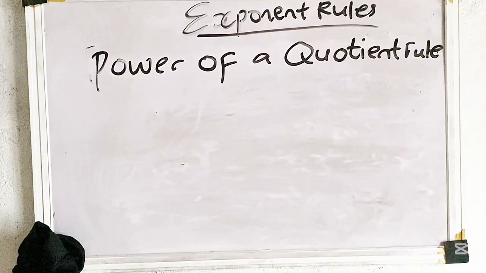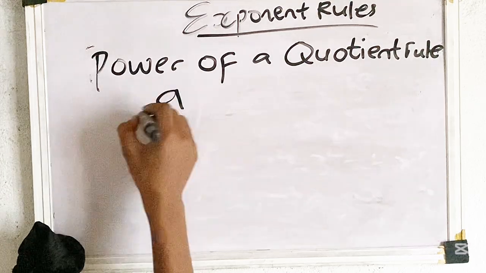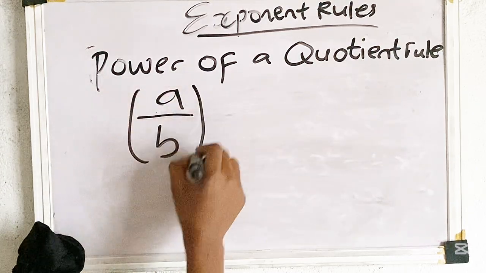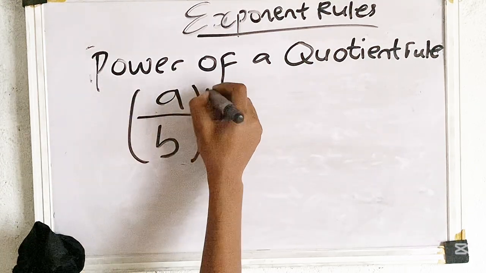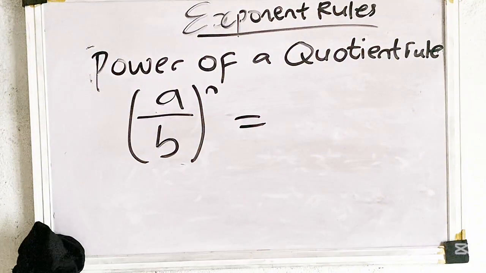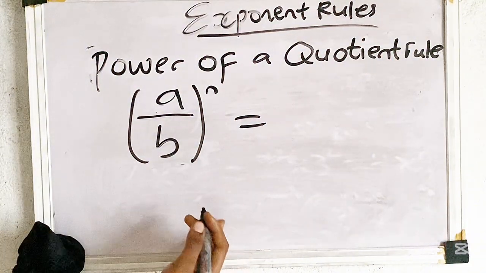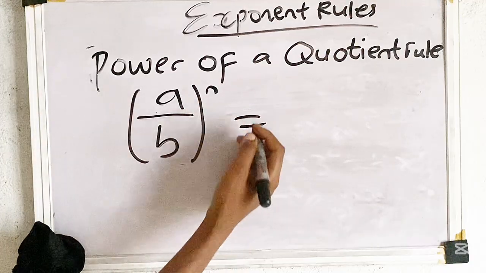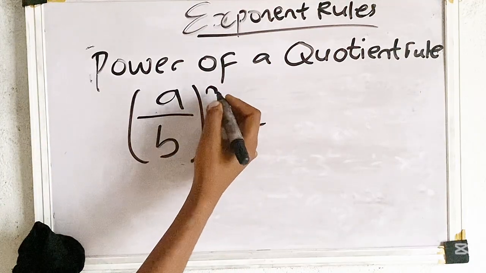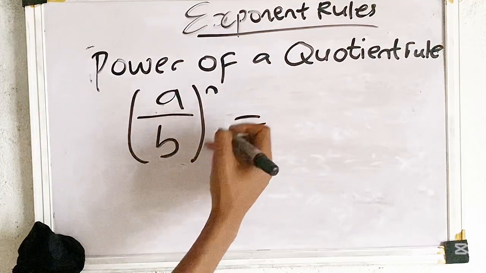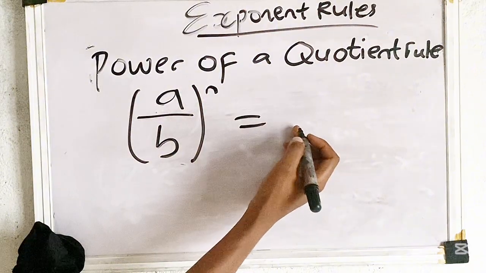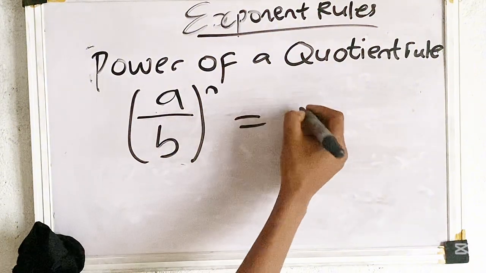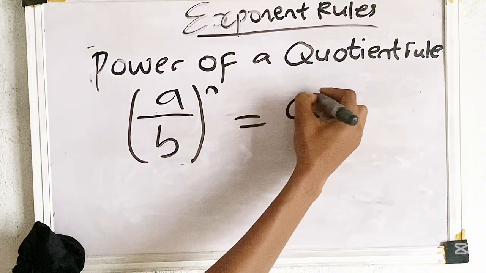Power of a quotient rule. When raising a fraction, for example, a over b, to a power, raise both numerator and denominator to that power, like this, a over b raised to the power of n.